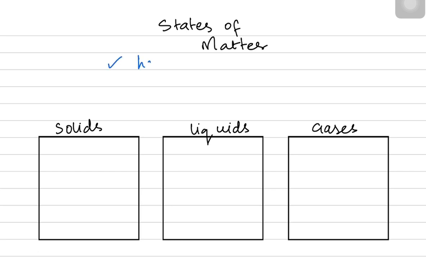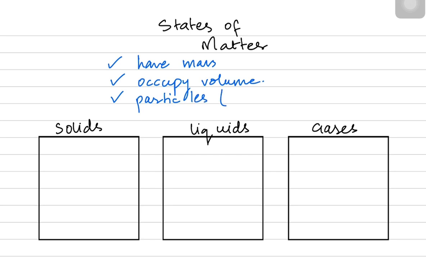So first is that they have mass. So anything that has mass is obviously matter. Then we have the concept of occupying volume. So matter occupies volume. The third thing is they are made up of particles which could be atoms, molecules, or ions, or a combination of atoms, molecules, and/or ions.